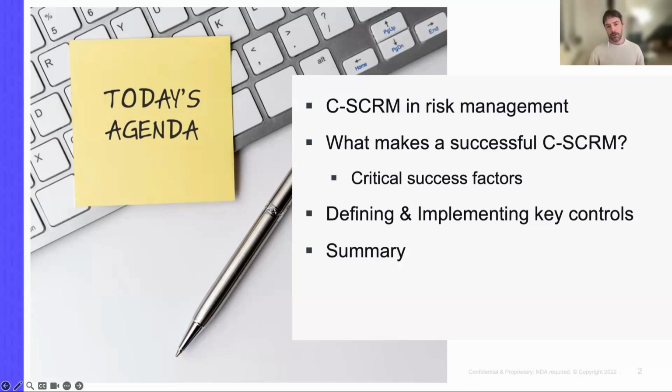We'll then start to look at defining and implementing some of these key controls that NIST alludes to, and aligning that with the 800-53, so the cybersecurity controls as well. Anyone who's familiar with NIST knows there's a lot of close collaboration and close link between their standards. Before doing a short summary to say what are the key next steps and what are the areas perhaps we can take away from this, and we need to think about the next time we engage with our supply chain, with our third-party base, and viewing where we are now.